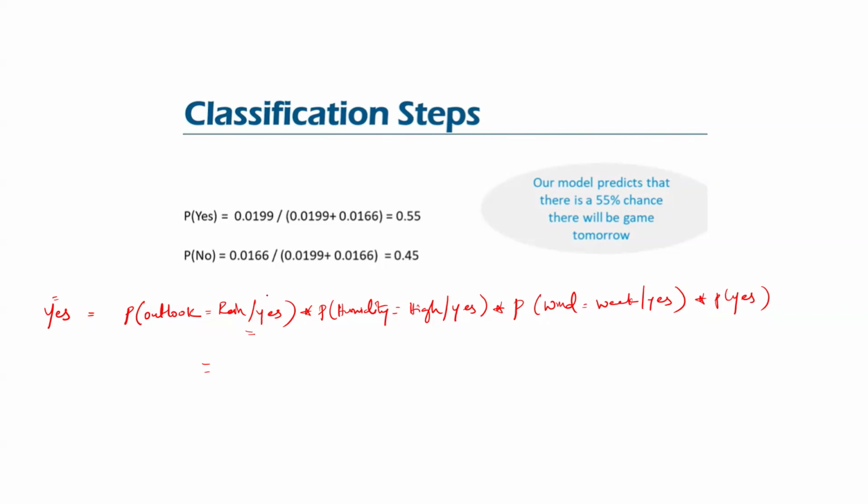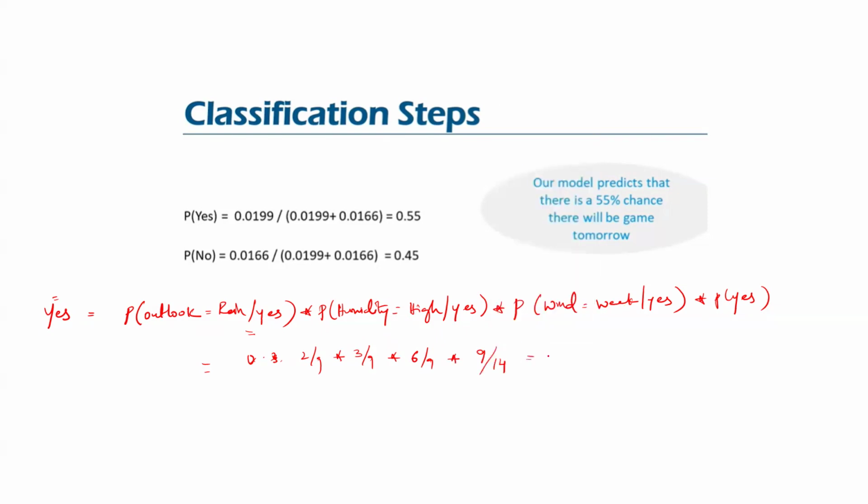The probability of rain given yes is 2 by 9, into humidity equal to high given yes is 3 by 9, into the probability of wind equal to weak given yes is 6 by 9, into the probability of yes, which is 9 out of 14.